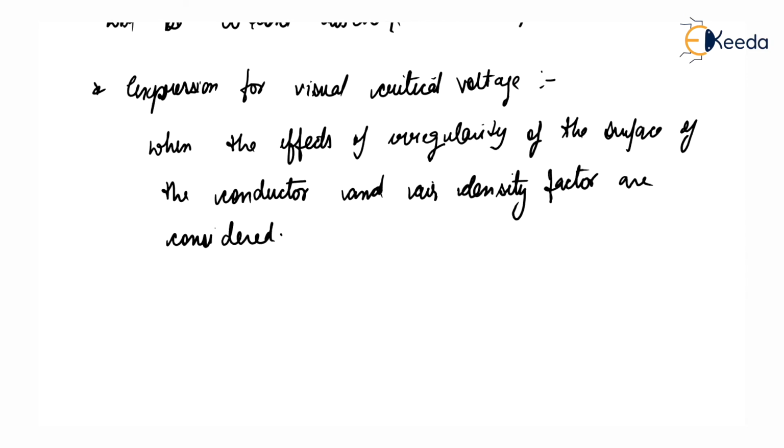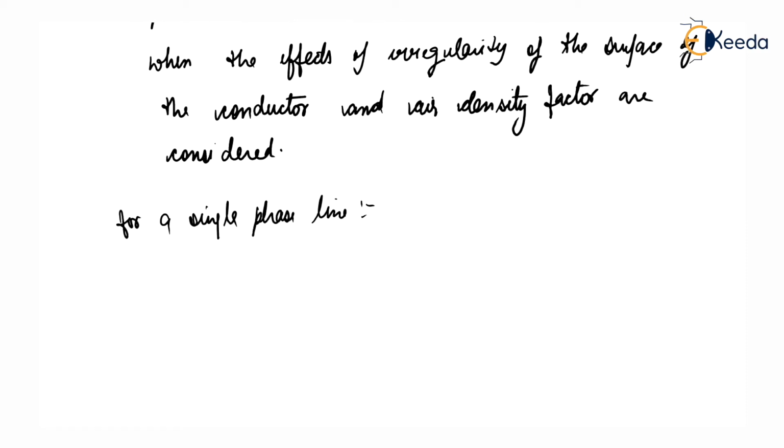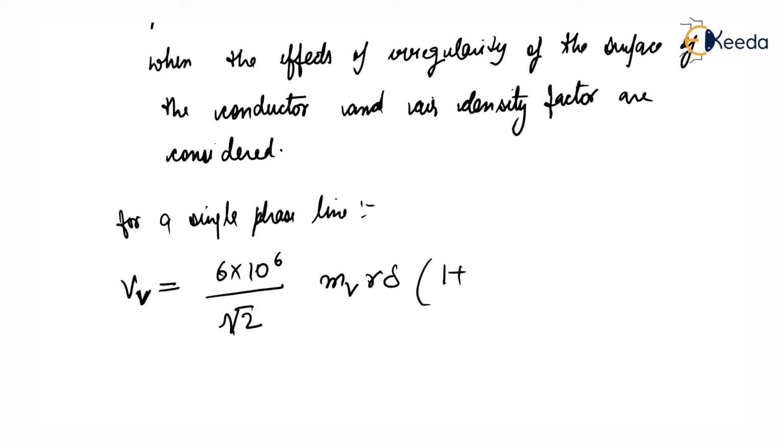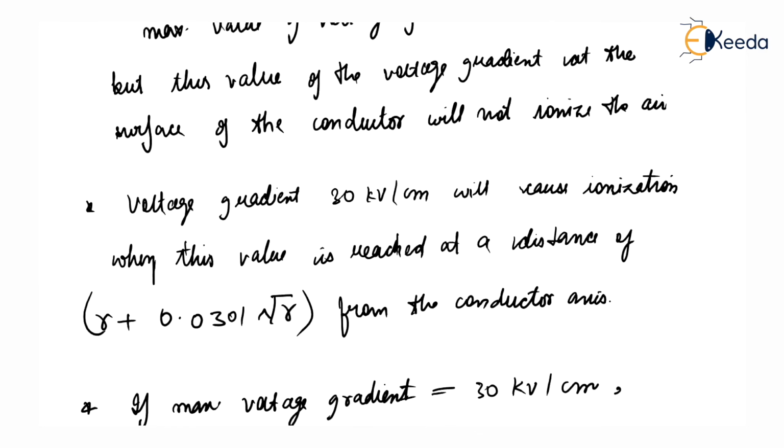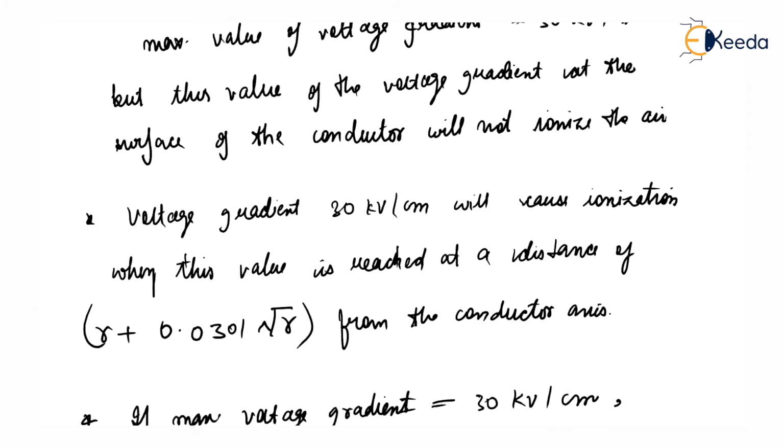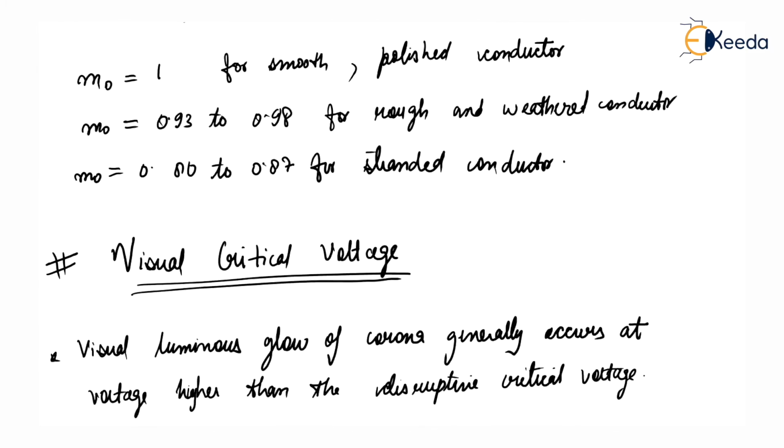So for single phase line, visual critical voltage VV is equal to 6 into 10 to the power 6 by root 2 MV into R into delta into 1 plus 0.0301 by root R delta, into log D by R. This is equation number 17.